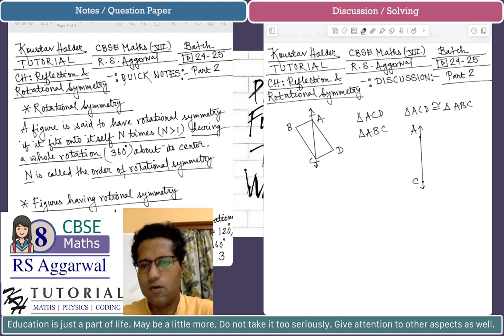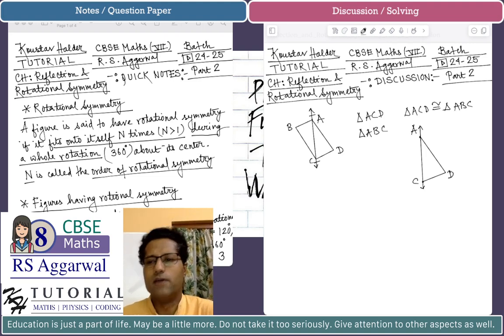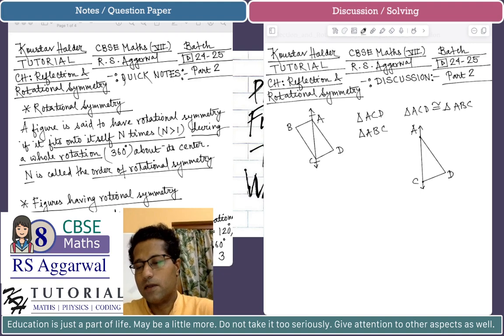Now I have this triangle ACD on the right hand side of the diagonal AC, which we are considering to be the line of symmetry. Now, the reflection of triangle ACD about the diagonal AC has to be something like this.